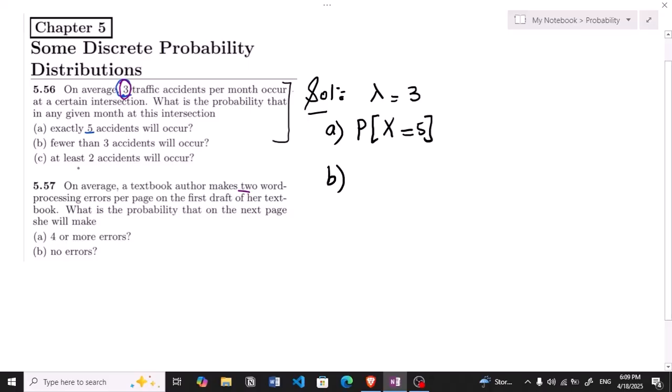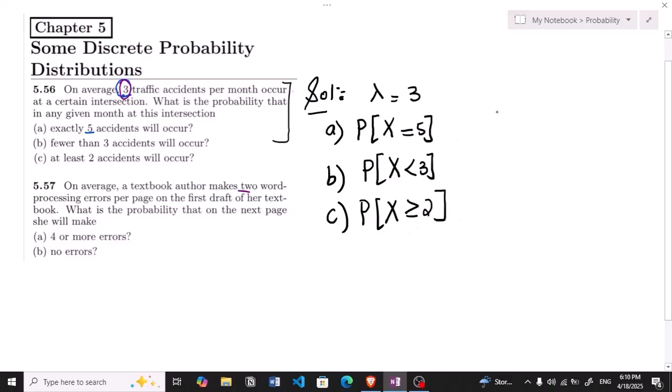In B, fewer than 3 accidents will occur: probability that x is less than 3. And in C, at least 2 accidents will occur, meaning probability of x greater than or equal to 2.